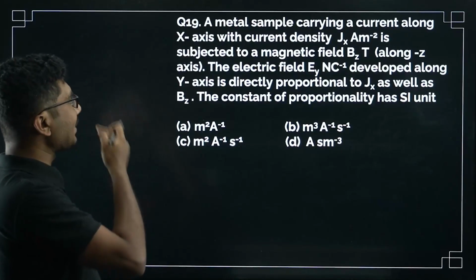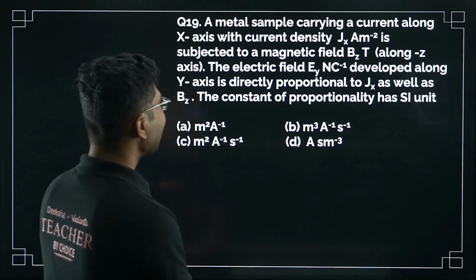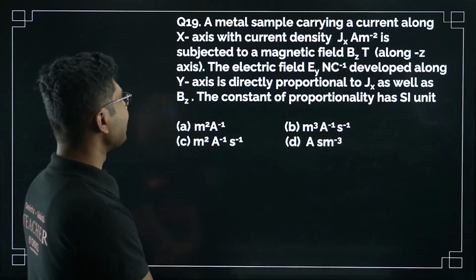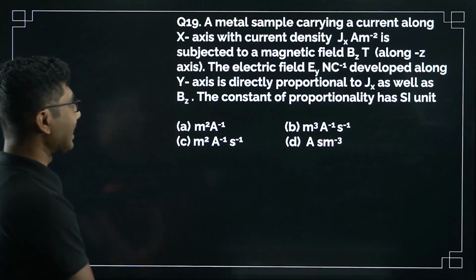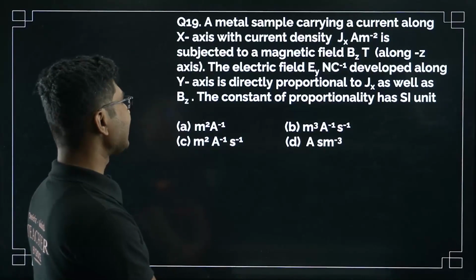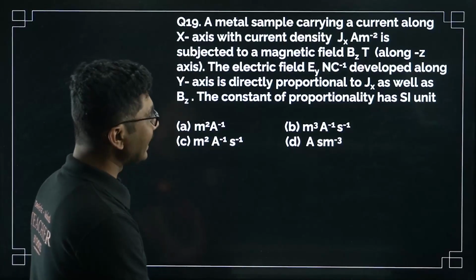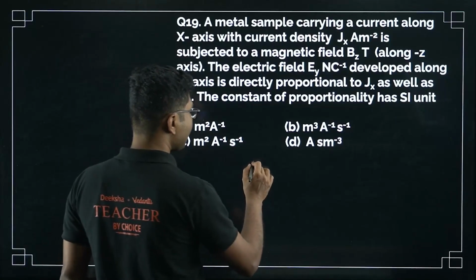A metal sample carrying a current along the x-axis with current density Jx ampere per meter square is subjected to a magnetic field Bz Tesla along the z-axis. The electric field Ey, in Newton per coulomb, developed along the y-axis is directly proportional to Jx as well as Bz. The constant of proportionality. So what is the meaning of that?